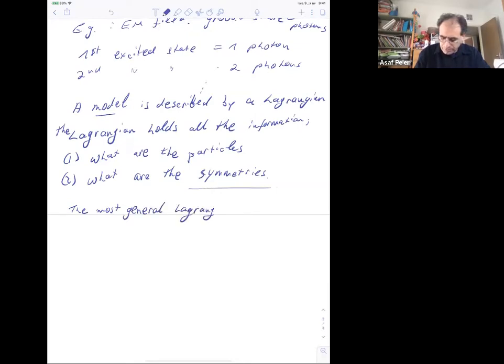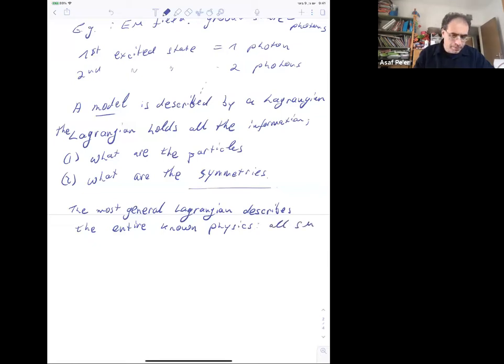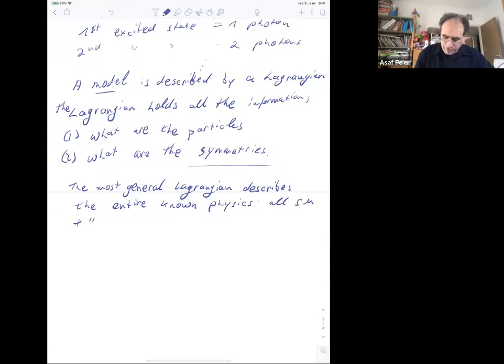The most general Lagrangian describes the entire known physics: all the standard model plus the new physics.